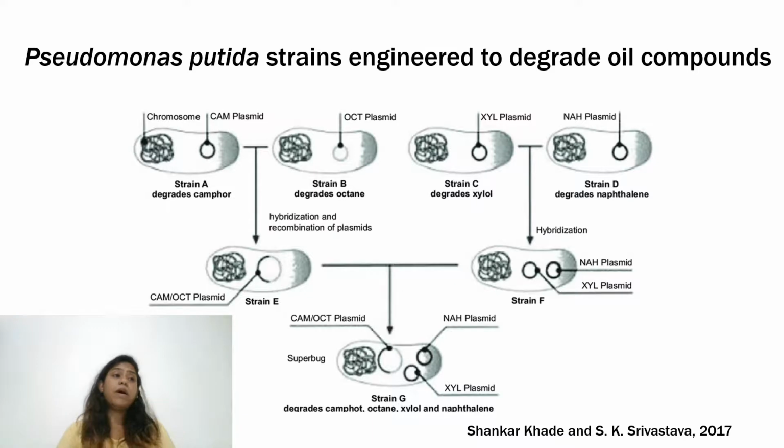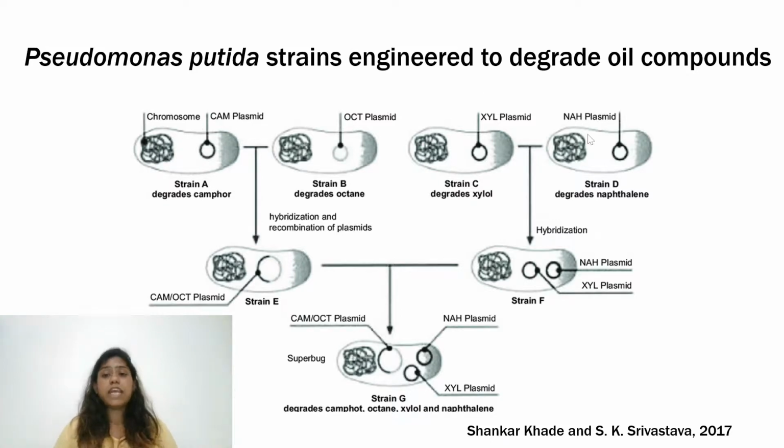Unlike higher order organisms like plants and animals, most microbes reproduce asexually. They do not have sexual reproduction where they can exchange genetic material between each other. So they exchange genetic information in the form of extranuclear DNA material such as plasmids.